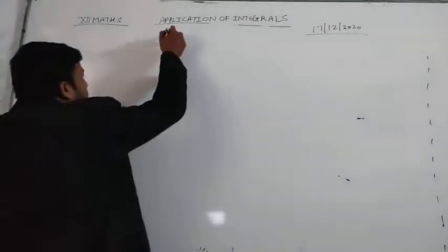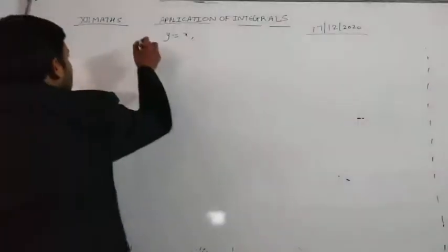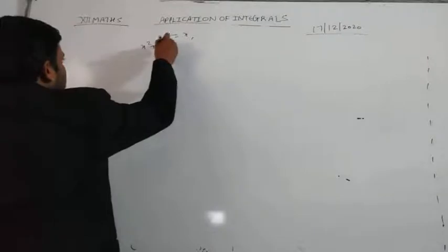So the next question is, find the area of the region in the first quadrant enclosed by the x-axis and the line y is equal to x, and the circle x square plus y square is equal to 32.